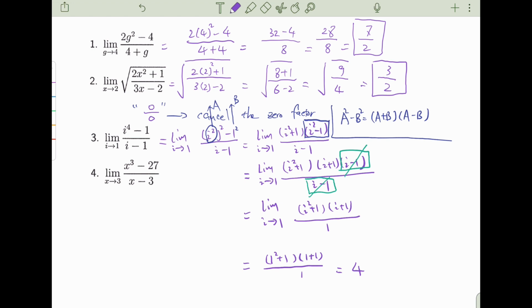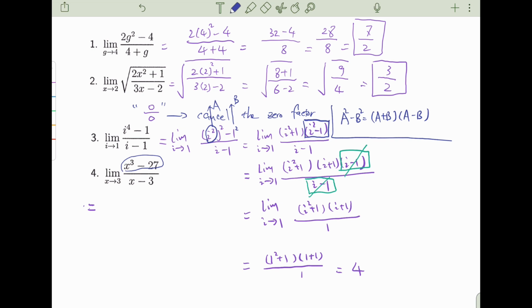Now let's continue to do question 4, which is also in this type. We try to plug in as usual first to see what happens. If you plug in 3 into x, you will have 3 to the 3, which is 27, and 27 minus 27 is 0.